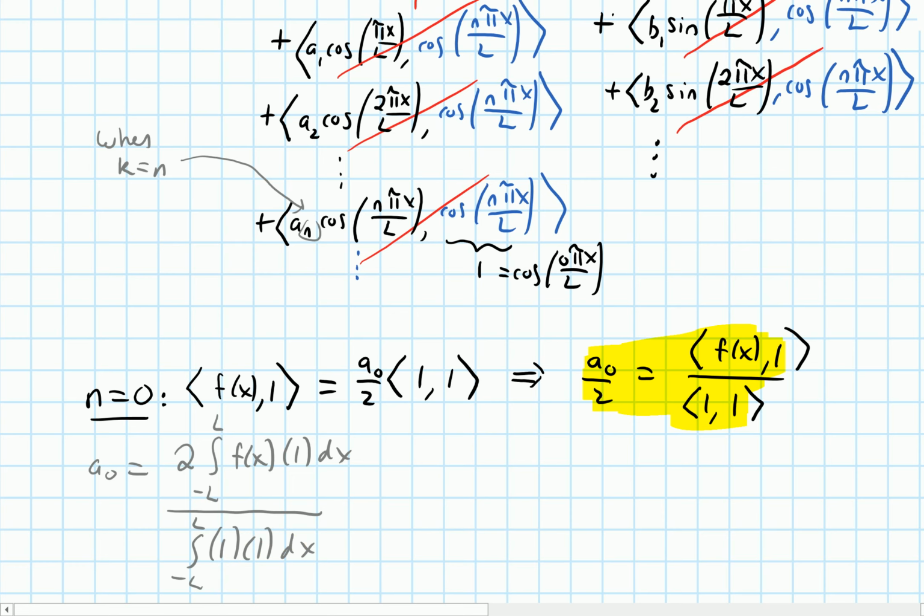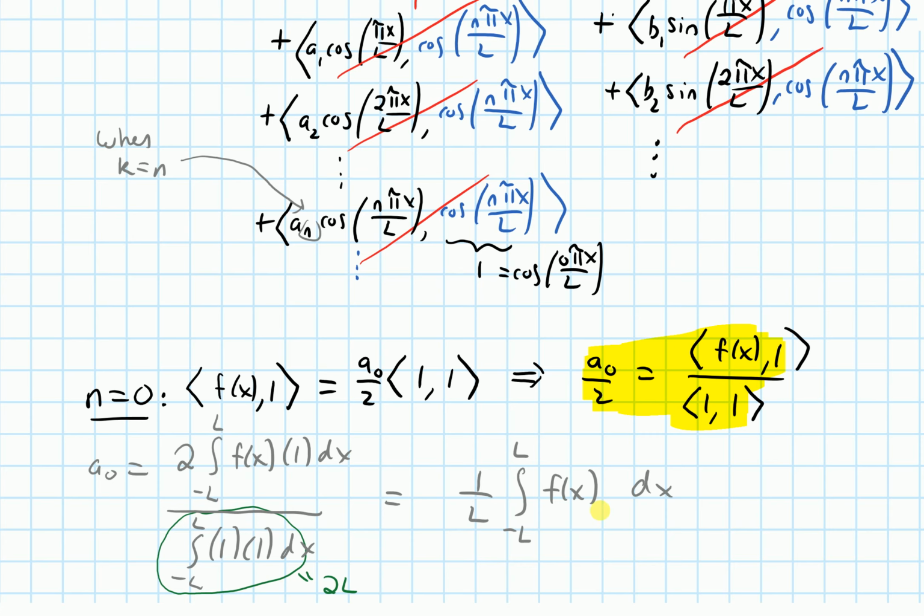All right, so what does this simplify to? So the denominator is going to be the integral from negative L to positive L of 1. If we evaluate this, this ends up being 2L. So then the 2's cancel on the top and the bottom. And what we will end up with is 1 over L times the integral from negative L to positive L of f of x dx. Technically, it's f of x times 1.